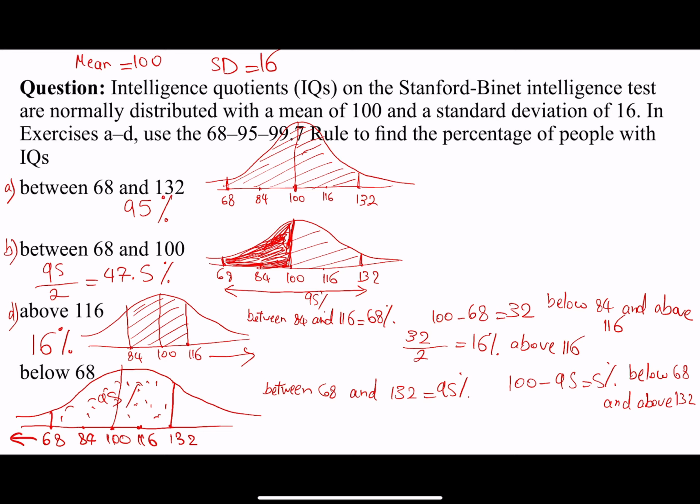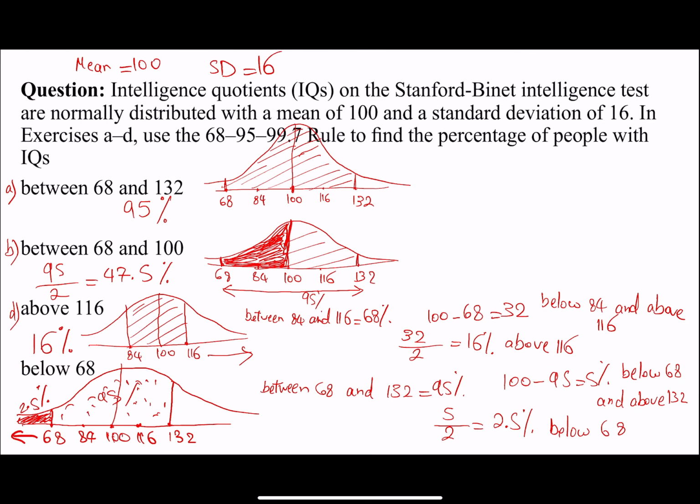What do you want? You just want below 68. You don't want higher than 132. We have a symmetric shape, so I divided by 2. 5 divided by 2 is 2.5%. So 2.5% below 68 here. 2.5% is the answer. Well, answer this question yourself, and just compare your results with my results.